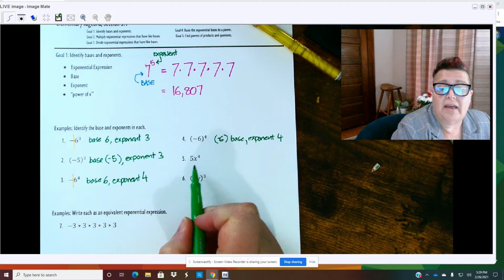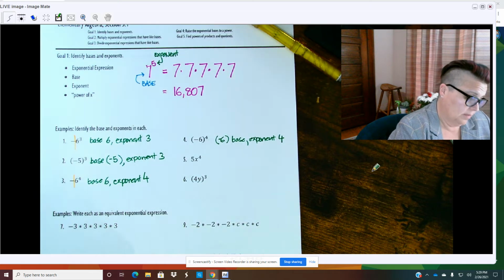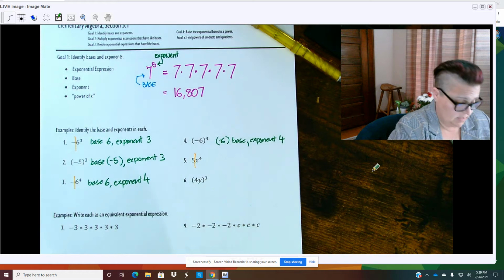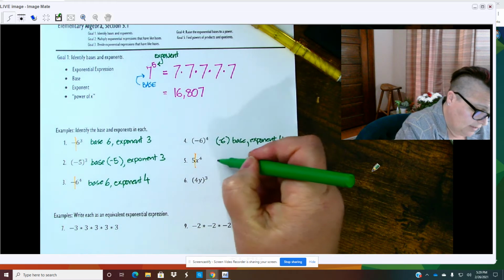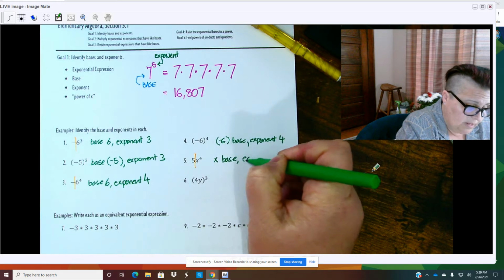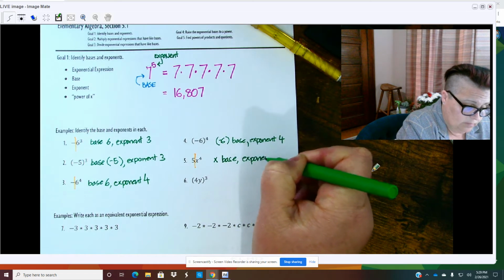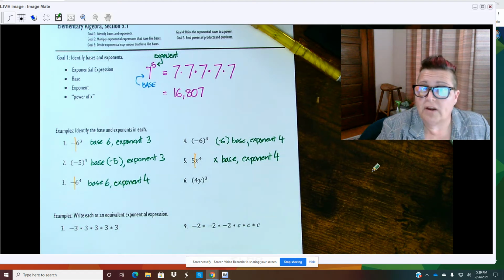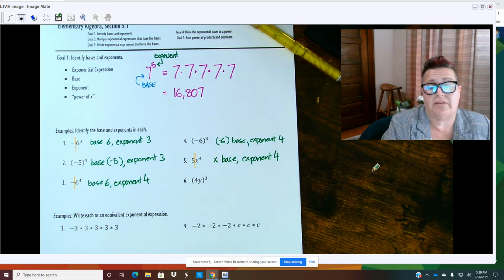Similarly, if I have 5x to the 4th, that 5, order of operations, comes last. I have x as my base with an exponent of 4. Once I have x to the 4th, then I would be multiplying it by 5. That is not a part of the base, nor is it a part of the exponent.